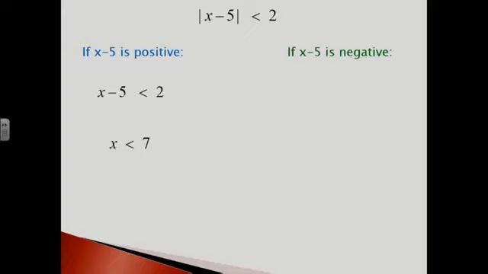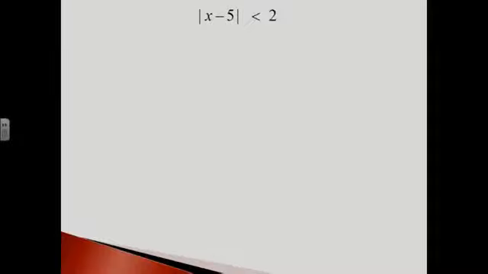If x minus 5 is negative, then the absolute value of x minus 5 is the opposite of x minus 5. Multiplying both sides by minus 1 and reversing the inequality, we get x greater than 3.